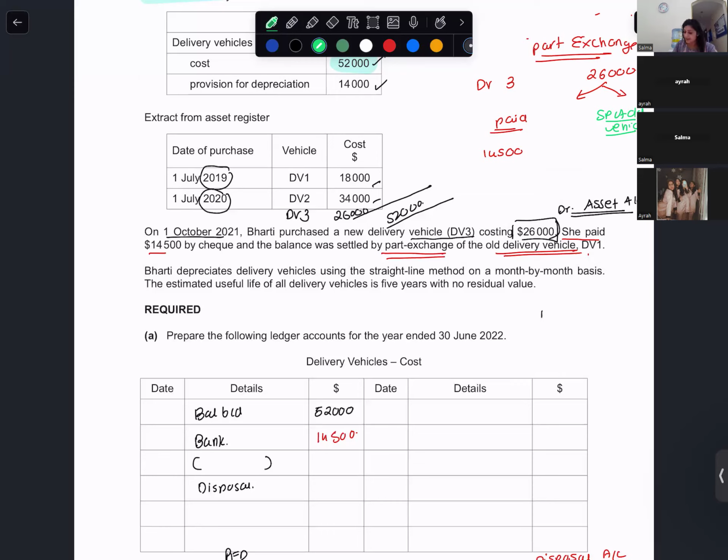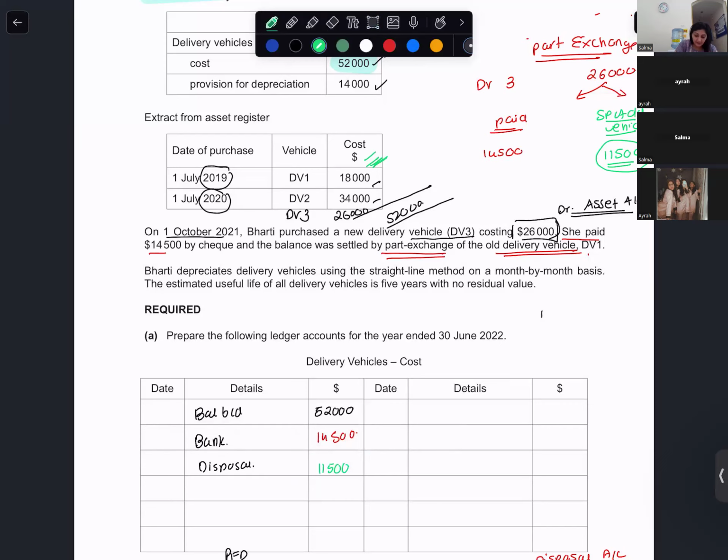It's 26,000 minus 14,500, which is 11,500. 11,500 is the value for which you have sold your old vehicle, DV1. There is no loan.